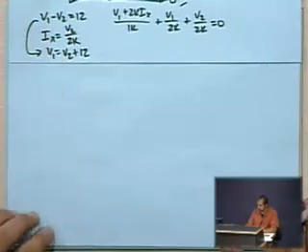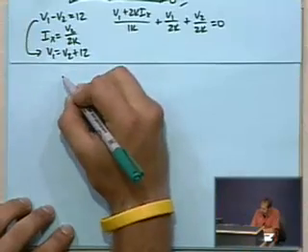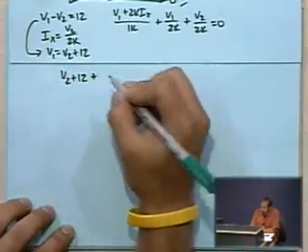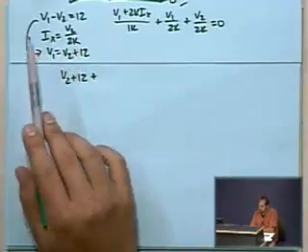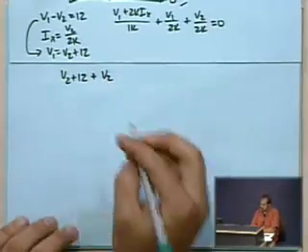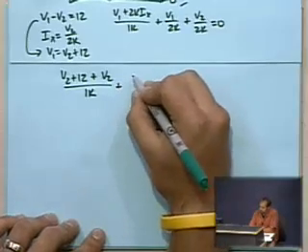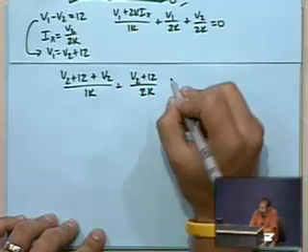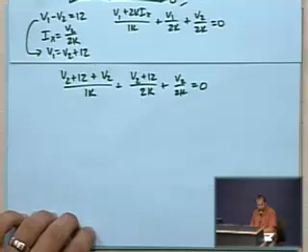So here, the equation should still be visible. V1 is V2 plus 12, so we have V2 plus 12 plus 2K times Ix. Well, Ix is V2 over 2K, so the 2Ks cancel out, and you just get V2. And that's over 1K, plus V2 plus 12 over 2K, plus V2 over 2K equals 0.